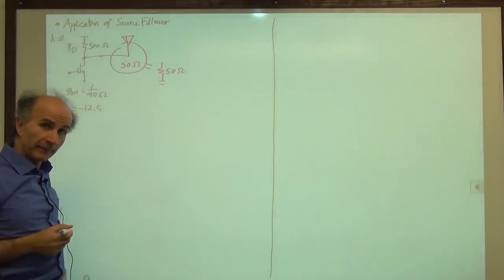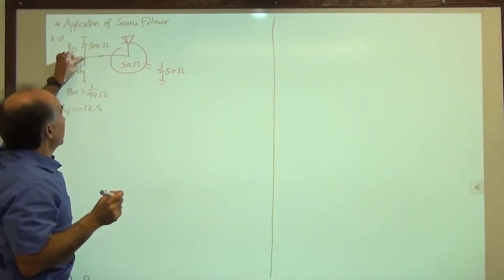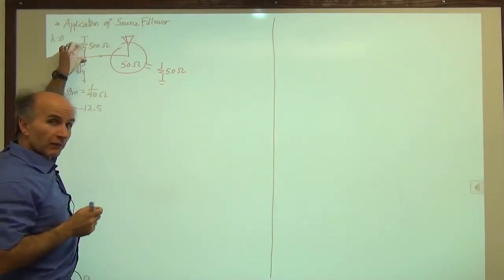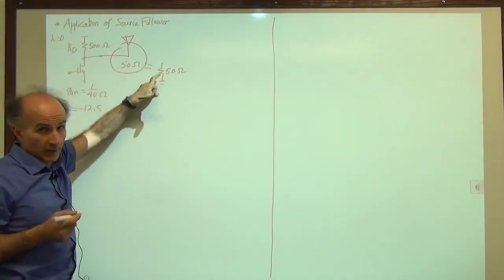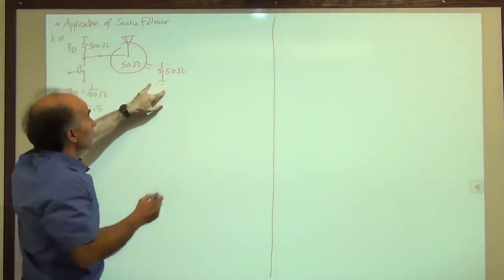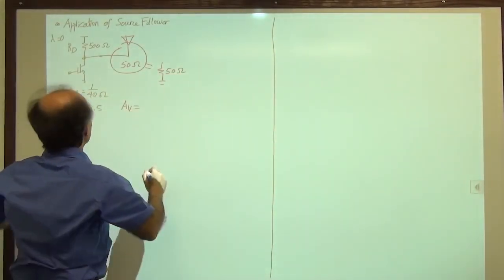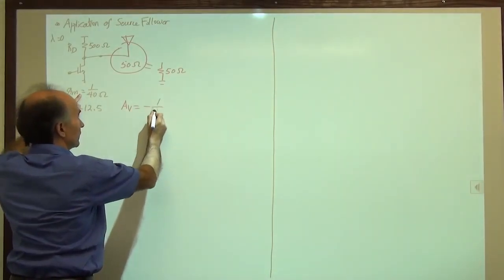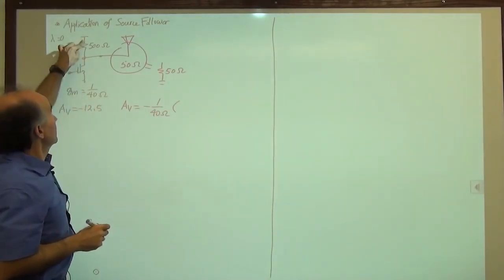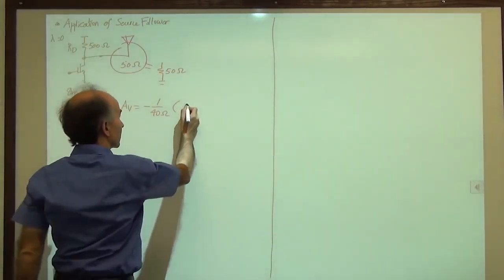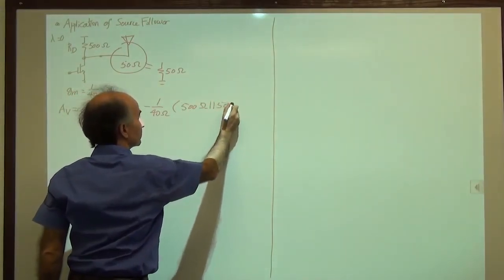So do we have a problem? You can see that the total resistance tied between the drain and AC ground consists of 500 ohms in parallel with 50 ohms. So you can see how disastrous the situation is. So let's write the new Av is equal to minus gm, so minus 1 over 40 ohms, times the total resistance tied between drain and AC ground, 500 ohms in parallel with 50 ohms.